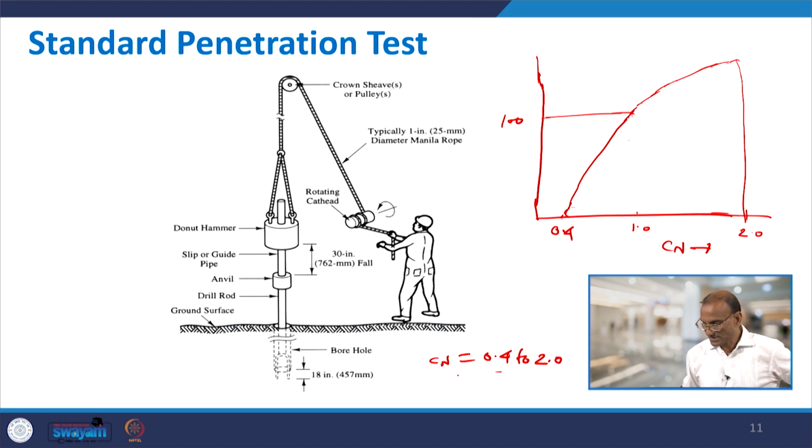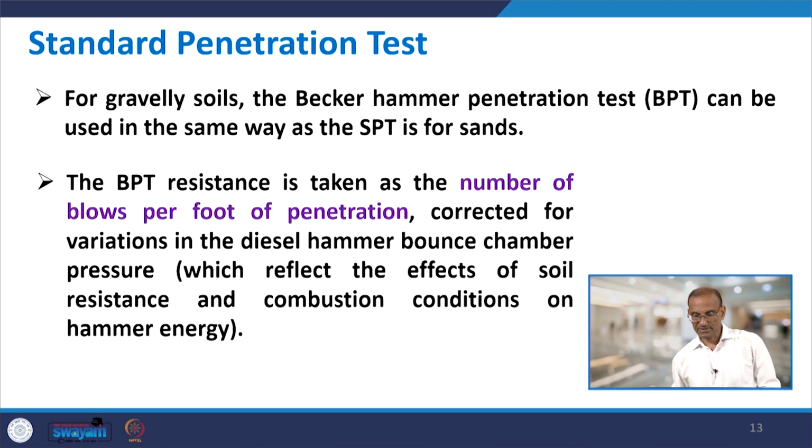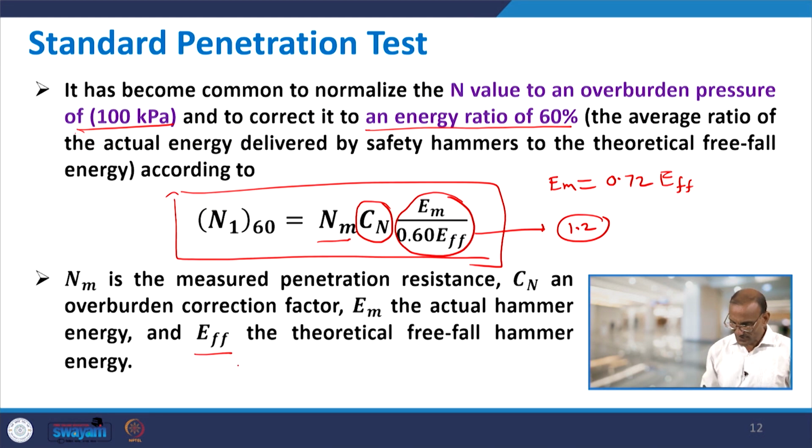It should not be less than that after applying the corrections, and there is an equation for the calculation of CN, which is 0.77 log 10 of 2000 over sigma V0.